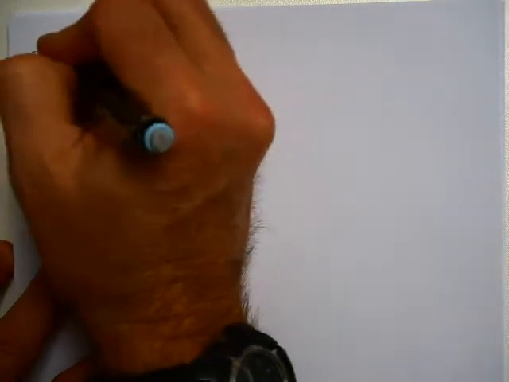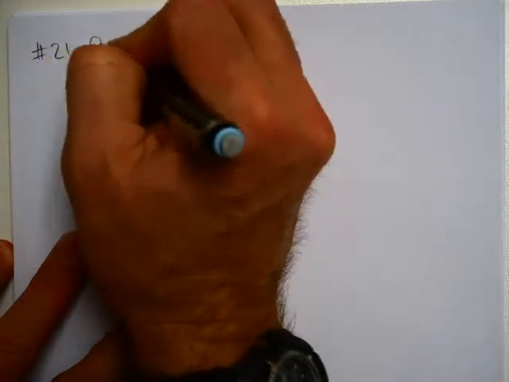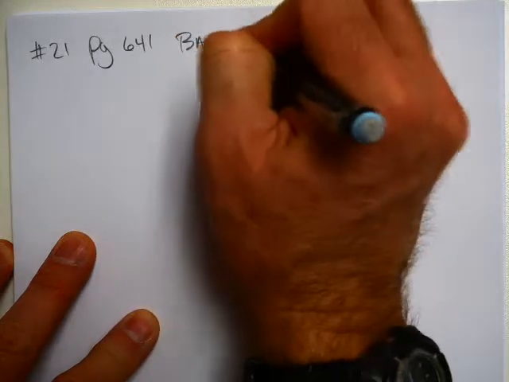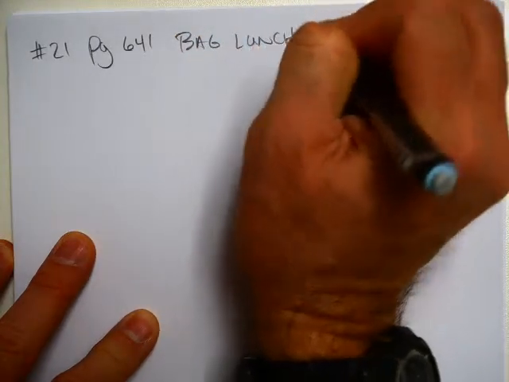So let's take a look at problem number 21. It's on page 641. Bag lunch. And this problem might be something that I think you guys could all probably relate to.